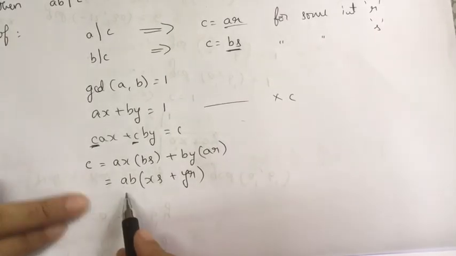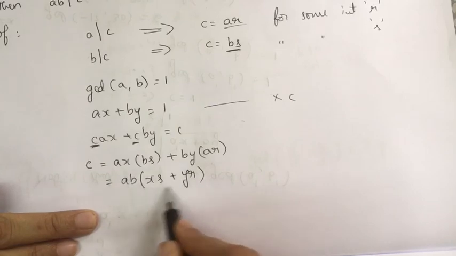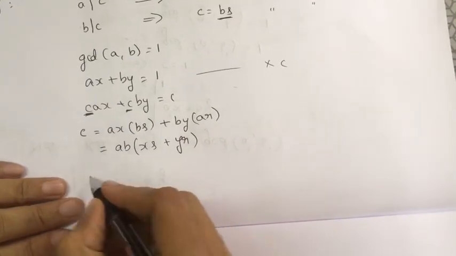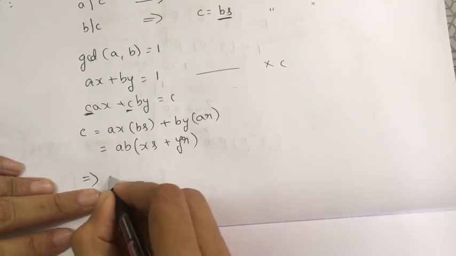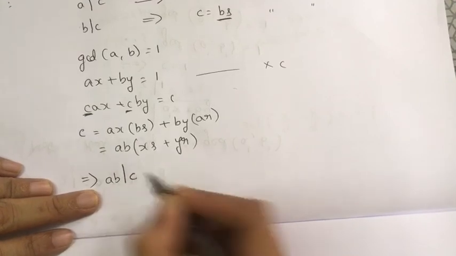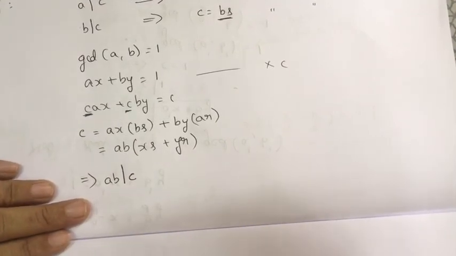This means C is equal to AB into some linear combination of integers. What does it imply? It implies AB divides C. Hence the proof.